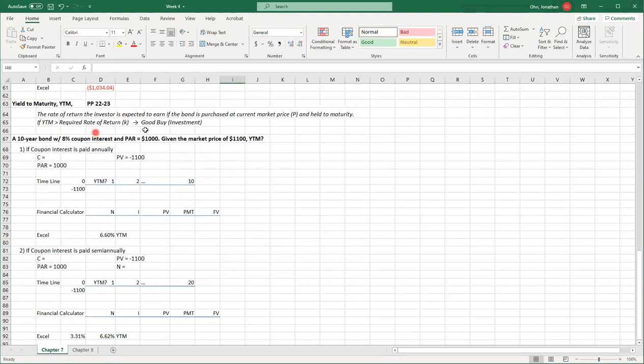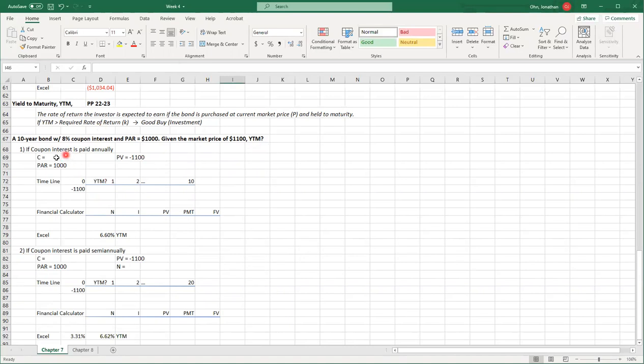We have no idea what that means yet. So we are looking at a 10-year bond with an 8% coupon interest, and the par value is $1,000. Given the market price of $1,100, what is the yield to maturity if you buy at the current market price?